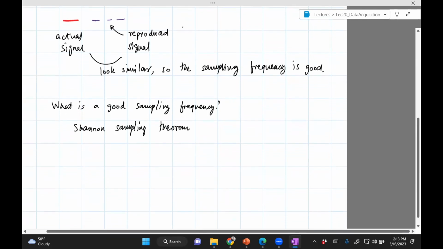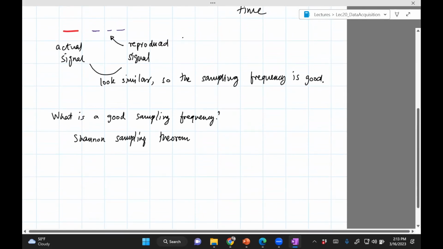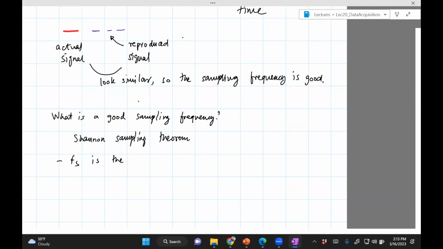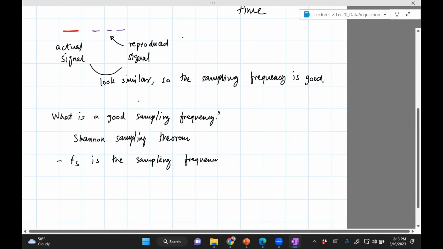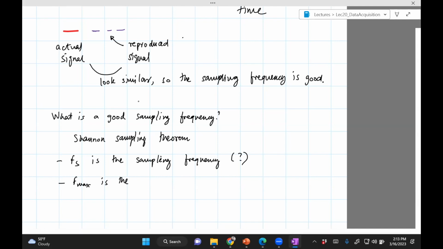Okay, so instead of giving you the definition of what the sampling theorem is, I'm just going to tell you what the Shannon sampling theorem tells you. It tells you that if Fs is the sampling frequency, which is something you need to determine, which is unknown, and Fmax is the maximum frequency in the signal.